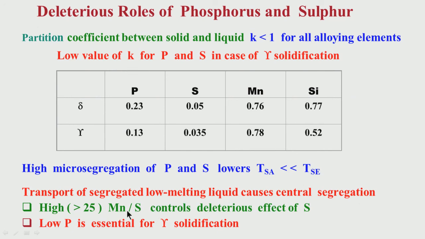So, the role of manganese is very important here, but since there is no such element which can take care of the harmful effect of phosphorus, phosphorus has to be controlled to very low level, so that this harmful segregation effect of phosphorus is taken care of by keeping the value of phosphorus to lower level. This is very important.